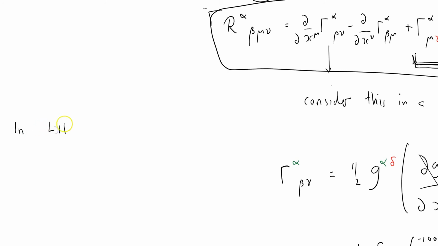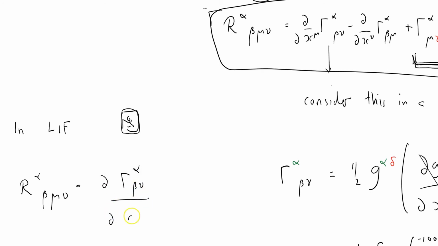Well, that's nice, so I'm going to write it out. In a local inertial frame, which is my elevator frame, my Riemann-Christoffel tensor looks like this: R lambda beta mu nu equals the derivative of gamma lambda beta nu by the derivative of x mu minus the derivative of gamma lambda beta mu by the derivative of x nu.